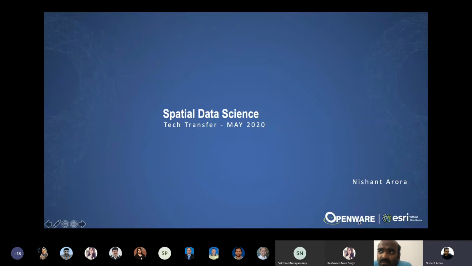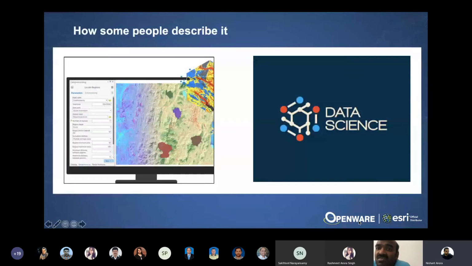Let us examine how people describe spatial data science and data science and what these two technologies actually stand for. So data science is the study of data. It involves developing methods of recording, storing, and analyzing data to effectively extract useful information. Now, I'm talking about data science, and most people may be thinking this is all we do in GIS also.